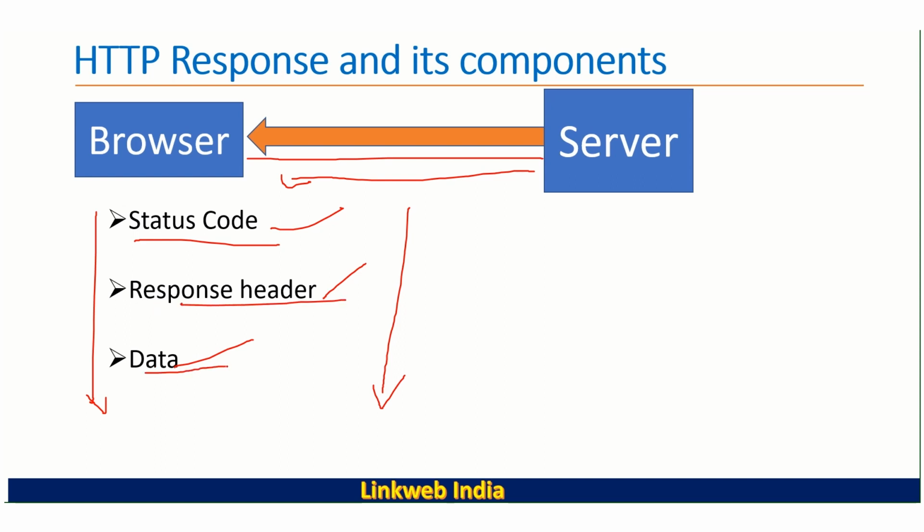There is some data which we get from our server, right? So each response must have these three components. We have more components to receive a response from the web server, but these are mandatory, right? So this is basically HTTP request and HTTP response.